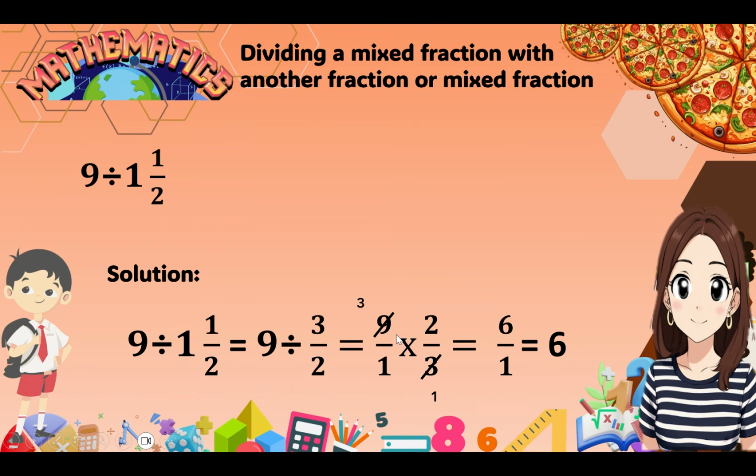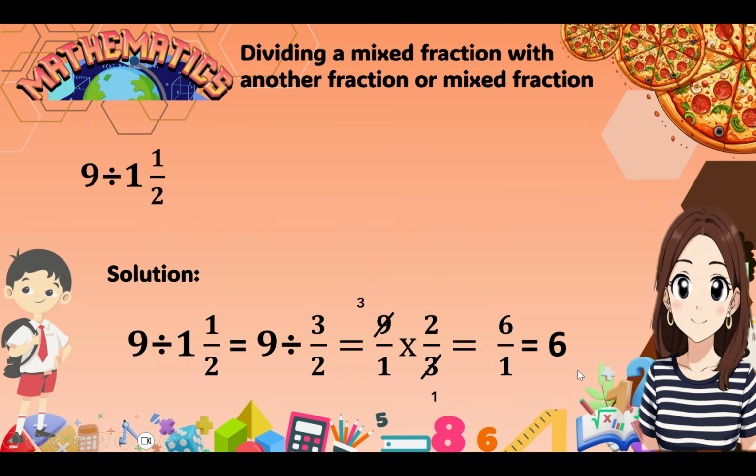So 9 over 1 times the reciprocal 2/3. Then do the cancellation. 9 divided by 3 equals 3. 3 divided by 3 equals 1. 3 times 2 equals 6. 1 times 1 equals 1. 6 divided by 1 equals 6.